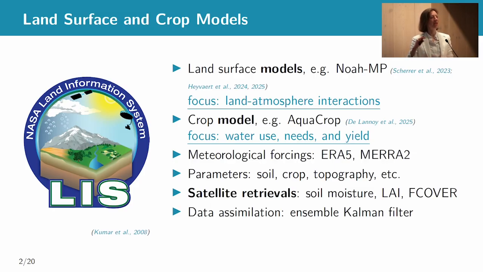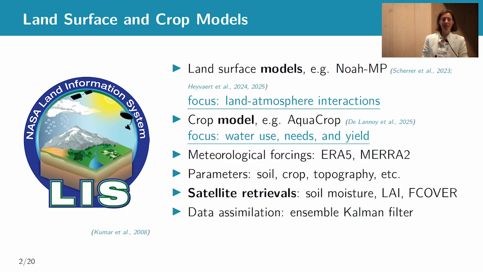If they're good models, they also model the dynamic vegetation, right? Those models are designed at a relatively coarse resolution with the idea to provide the best possible land boundary conditions to then ultimately couple to the atmosphere or to an entire Earth system model so that we get the entire system simulated, right? By contrast, crop models are designed at a field scale initially, and their focus is on water use, water need, and then ultimately how much yield do we get from this particular crop, right? So they have a different focus.